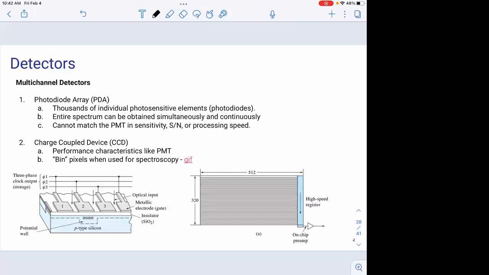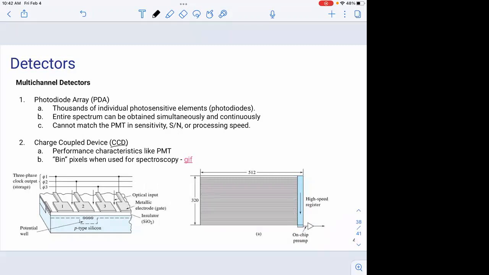All right, the last kind of detector that we're going to talk about are multi-channel detectors. So these are photodiode arrays, and I have also listed here a charge coupled device. A photodiode array is thousands of individual photosensitive elements, i.e. photodiodes.